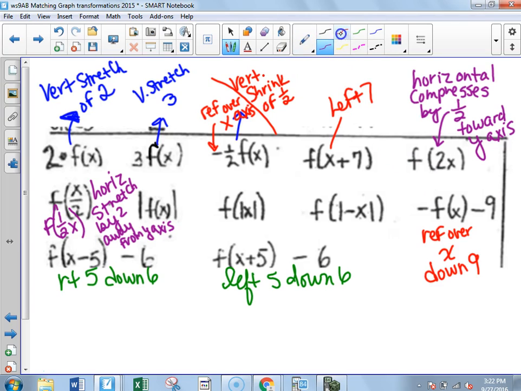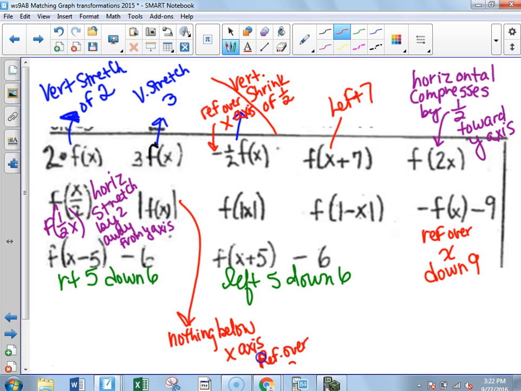I am going to go down here for this one. Do you remember what the absolute value did? This is a brand new one, never saw before this year. Okay, so there's nothing below the x-axis. It reflects the pieces that were down there up above the x.